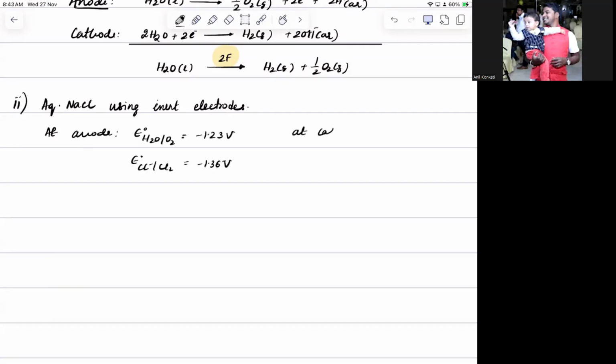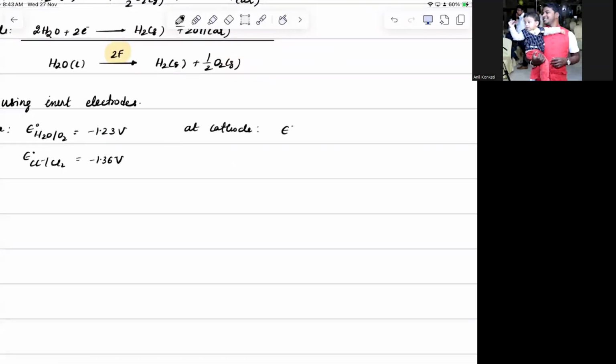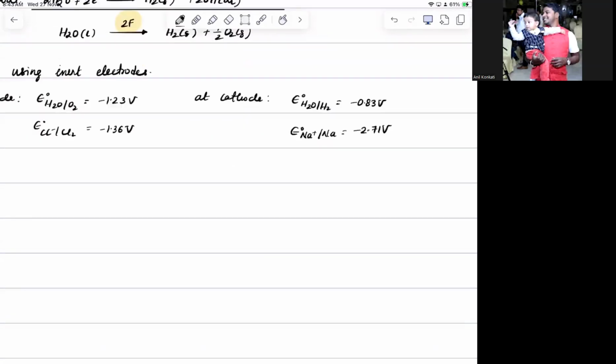At cathode, what are the reactions that are competing here? At cathode, the reactions that are competing are E naught H2O to H2, which is minus 0.83 volts, and E naught Na plus to Na, and that will be minus 2.71 volts.